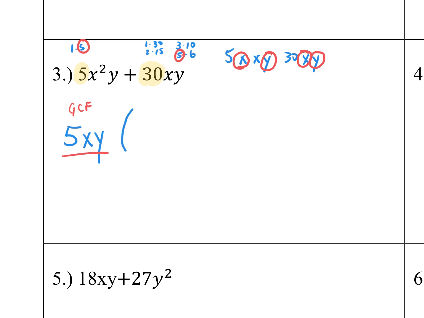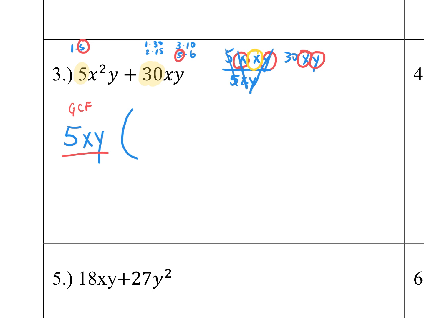Now I need to find out what's left over. Well, if I divide this by 5xy, which is my GCF, my 5's cancel out and my leftover x's cancel out, right? Wait, hold on, let me think. X, I have 1, my x's cancel out, my y's cancel out, and I'm left over with my 1x.